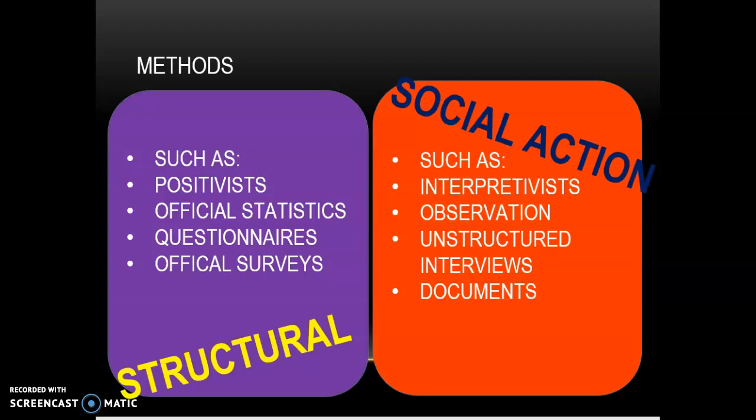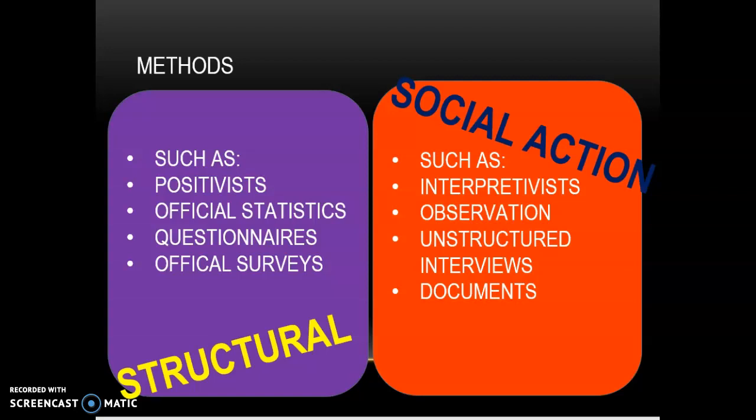So these methods might be official statistics, questionnaires, official surveys that give us large amounts of quantitative data. We can see patterns, we can see trends, and these tend to be favoured by positivists, and they want to achieve their main goal of reliable and representative data. And surveys such as the census really give us the perfect snapshot of society as a whole.